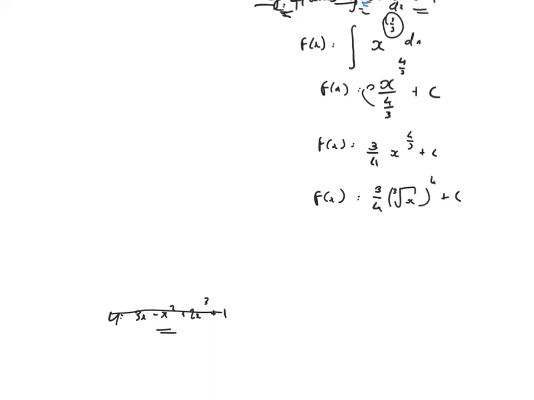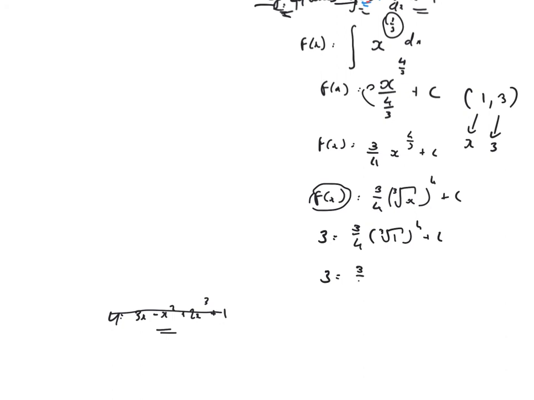Let's make a substitution. I was told this is all happening when the curve passes through (1, 3). So when x equals 1, y is equal to 3. And f of x is my expression for y, so it's going to be 3 equals 3/4 of the cube root of 1 brought to the power 4 plus c.